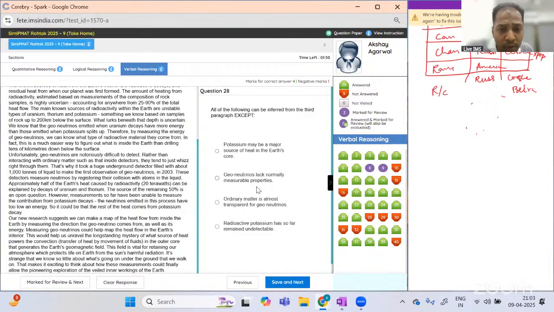Geoneutrinos lack normally measurable properties. Ordinary matter is almost transparent for geoneutrinos. Radioactive potassium has so far remained undetectable.